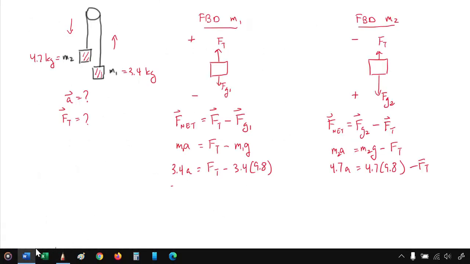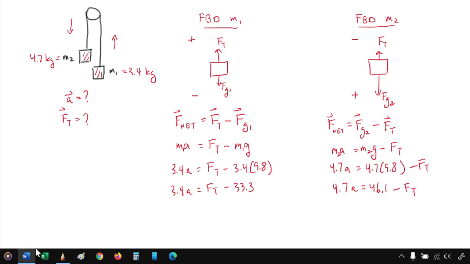So this is going to be 3.4A equals Ft minus 3.4 times 9.8, which is 33.3. And this side is 4.7A equals 4.7 times 9.8, which is 46.1, minus Ft. Okay?